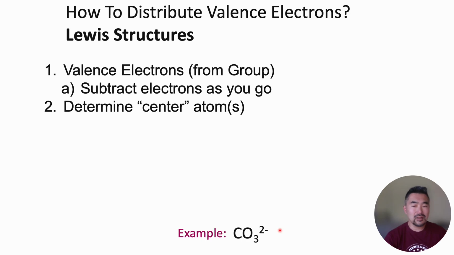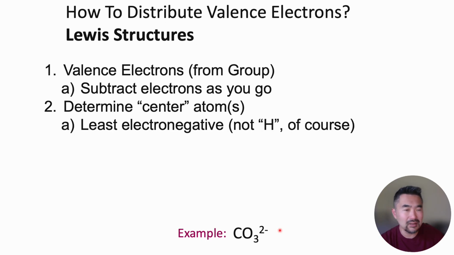Now, and then you need to start drawing the actual structure. You need to know what the central atom is, so you have to determine that. Luckily for a simple formula like carbonate, right? These simple either polyatomic ions or compounds, the first element usually is the central atom, so that's easy enough.